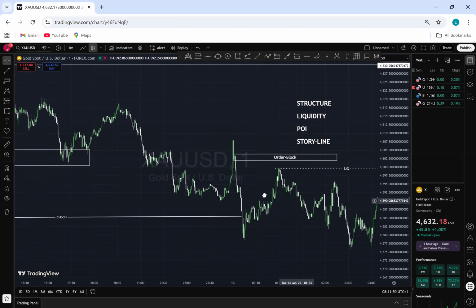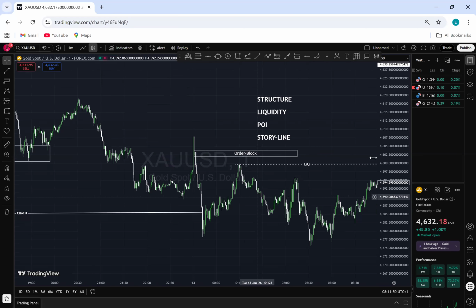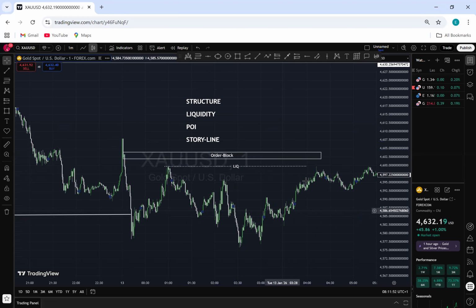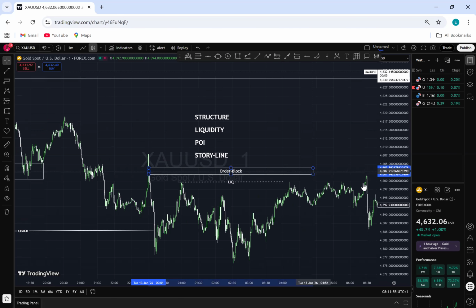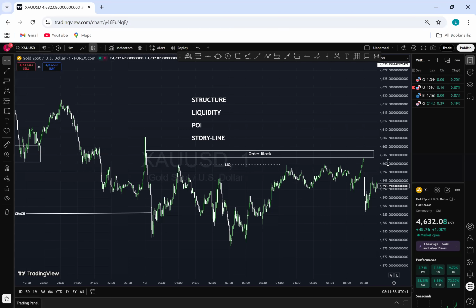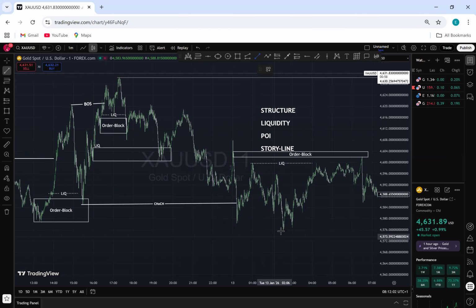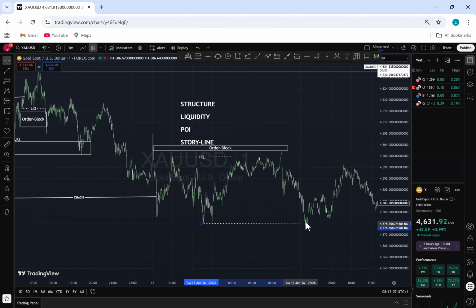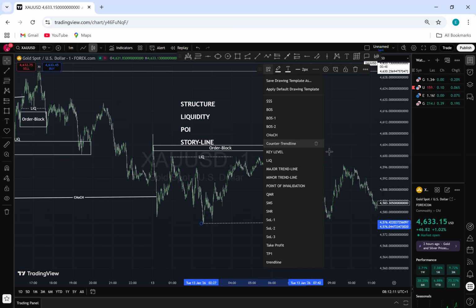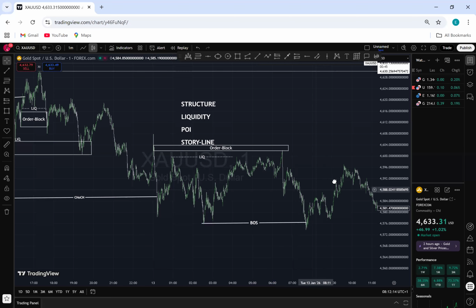Now, following the storyline, so we had price taking out this region. Now, which means that the next break of structure would be this area. So this would be the next break of structure.